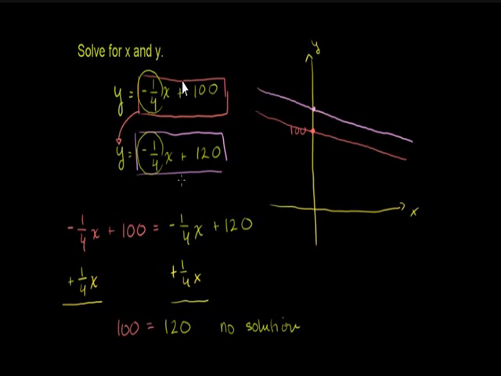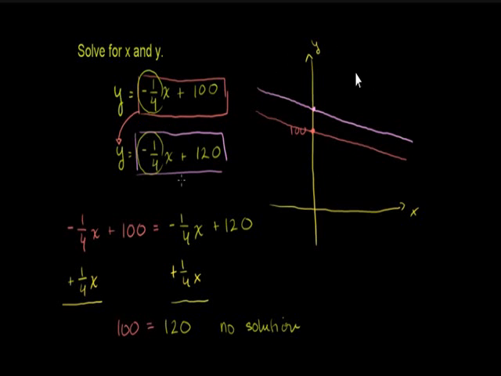The first equation is represented by this red straight line, and the second equation is represented by this line passing through this point, but both have the same slope, minus 1 by 4 and minus 1 by 4.